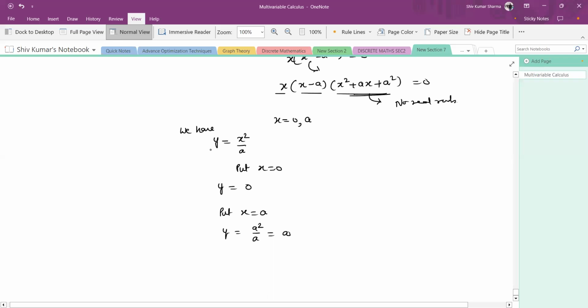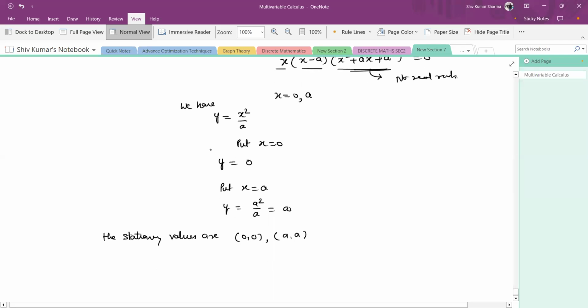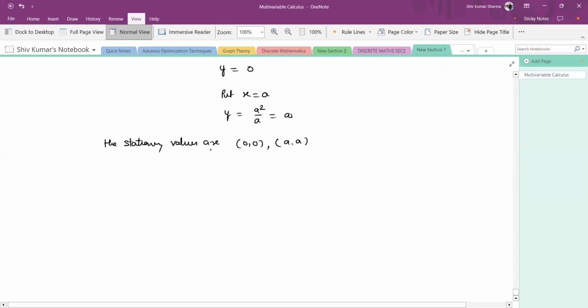So the stationary points are (0, 0), that is x equal to 0 and y equal to 0, and x equal to a, y equal to a. So we have two stationary points. On the basis of these two stationary points, we determine the maximum or minimum for both.